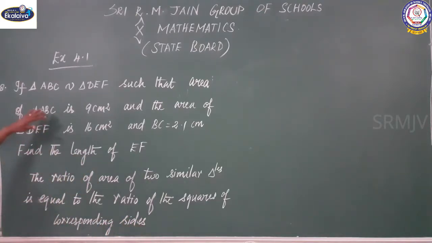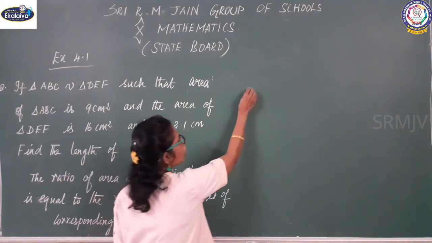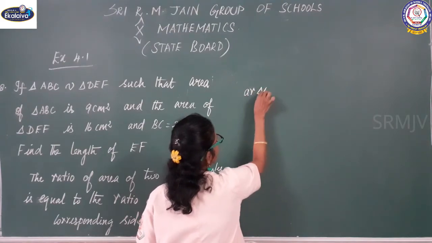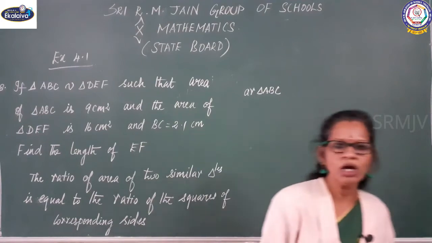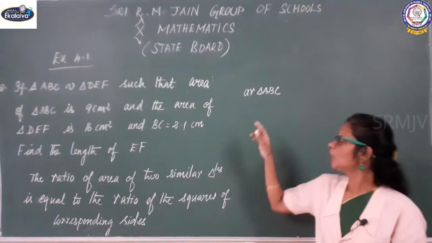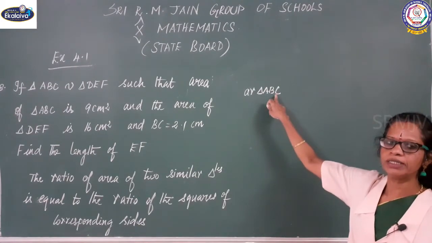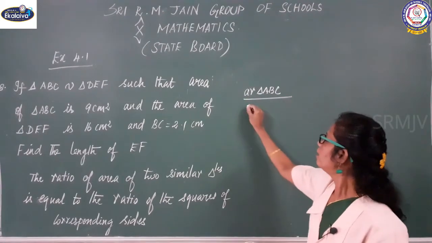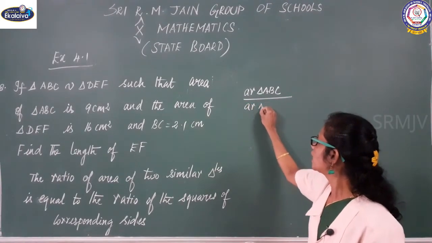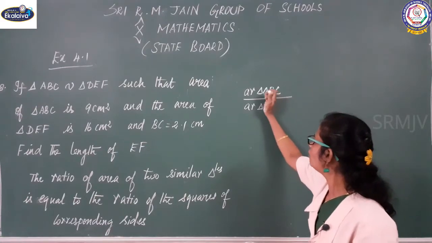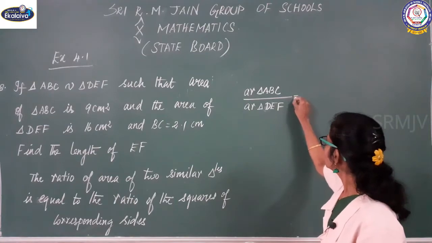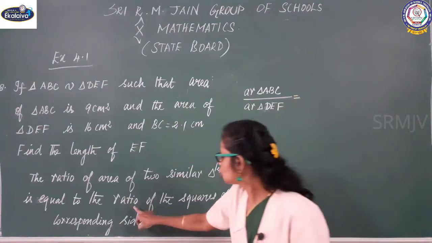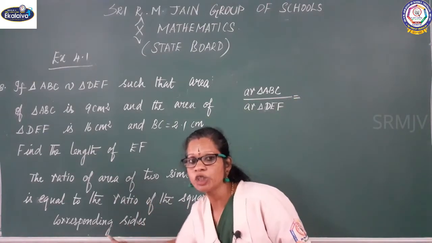That means how to convert this into the mathematical format. Area of triangle ABC, ratio means it can be written as a fraction. Area of triangle ABC divided by area of triangle DEF is equal to the ratio of the squares of the corresponding sides.